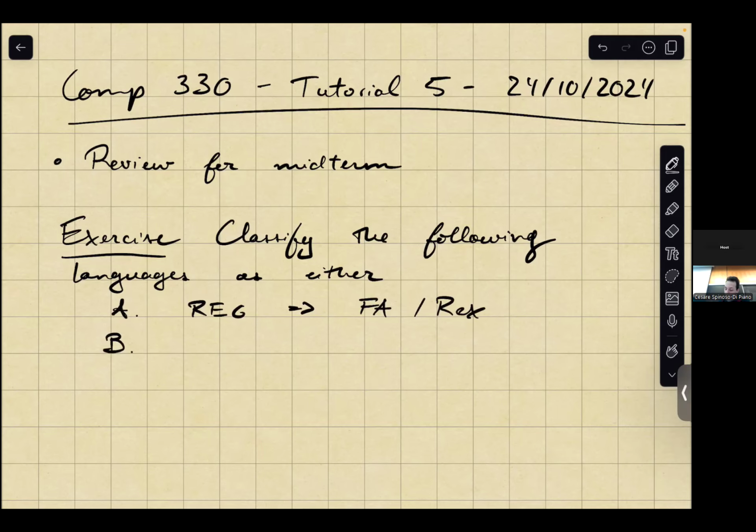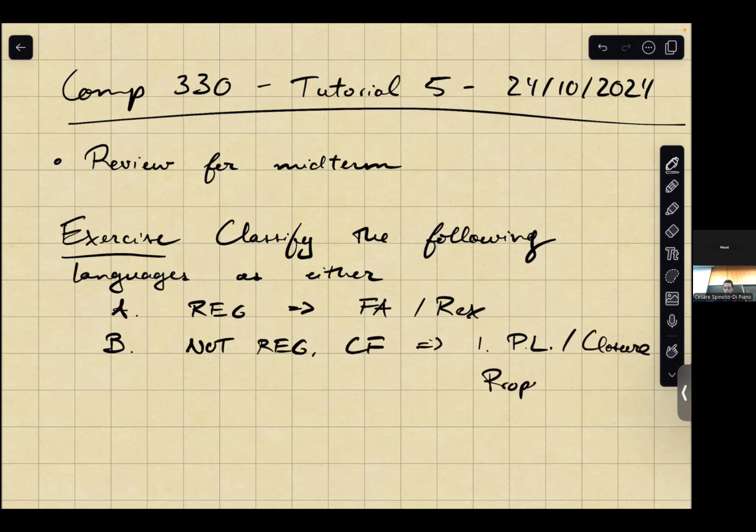Or a language might be not regular, but it might be context-free, in which case we need to use the pumping lemma or closure properties or both to show that the language is not regular.